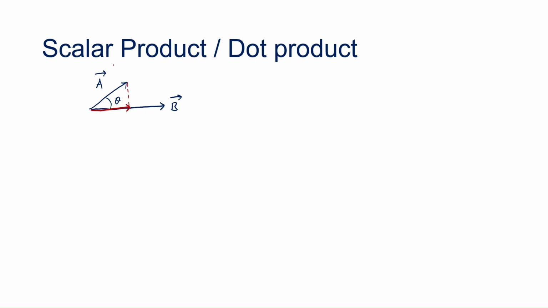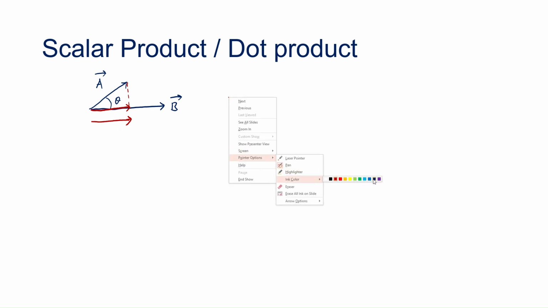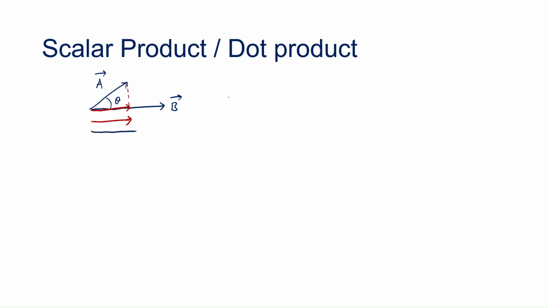You can consider, you have a light source that shines toward this A, and then they will form the shadow on this vector B. Right now, the dot product actually means that we take this projection, we multiply with the vector B. This is a vector B. We multiply this with the projection of A.